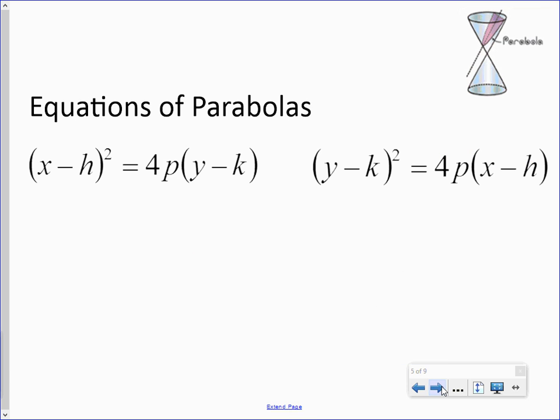Okay. These are the equations of the parabola, and this is where we're going to put most of our focus. Like the geometric definition, I want you to know what it means. I want you to know how it could be used in real life. But of course, we're now going to look at it from the equation perspective. So we've got two equations for parabolas. I'll let you jot those down.